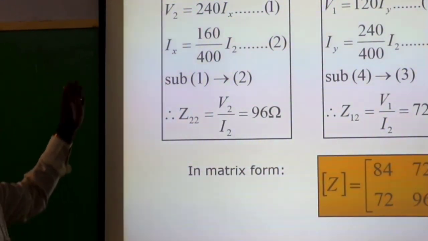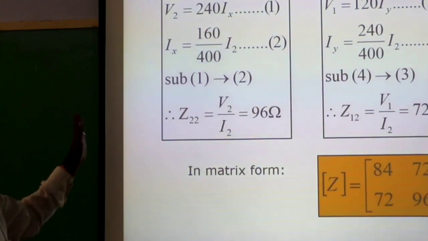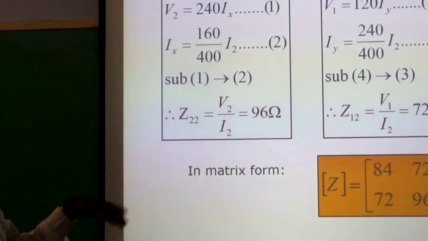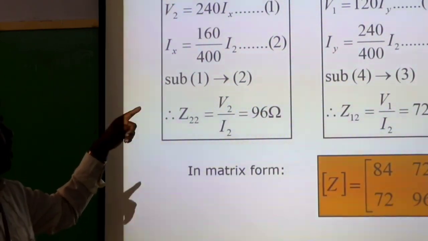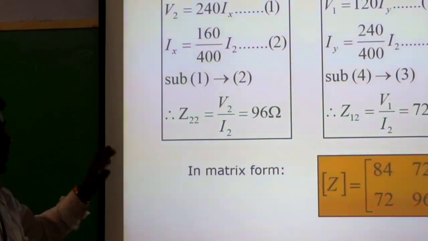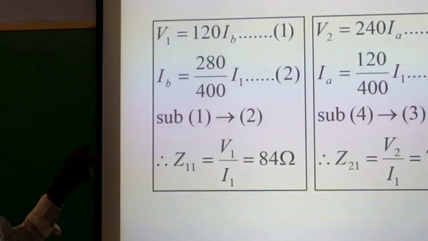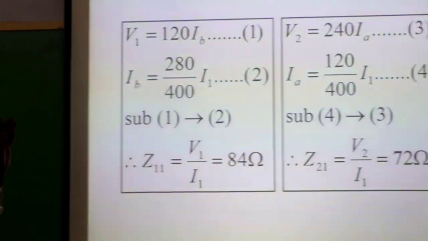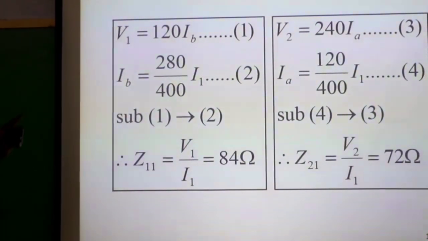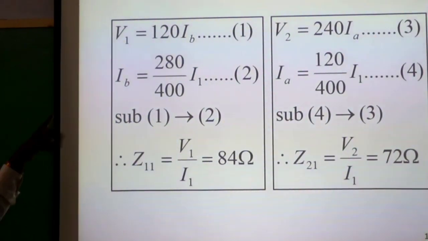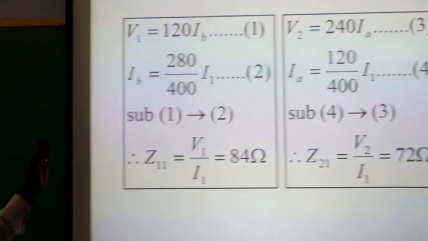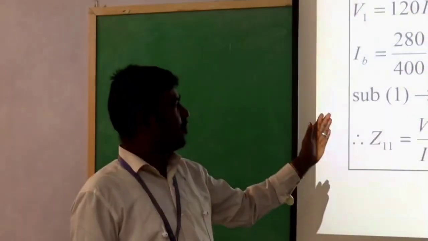So substitute the values in the particular equation and we will get Z22 and V1 equal to Ib. V1 equals 120, Ib equals 280 by 480. Substituting the values, we get Z11 equal to 84 ohms.